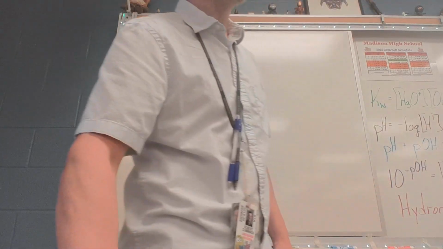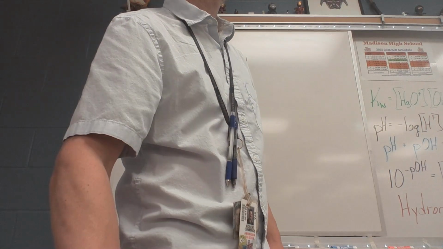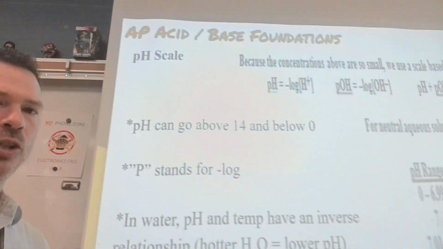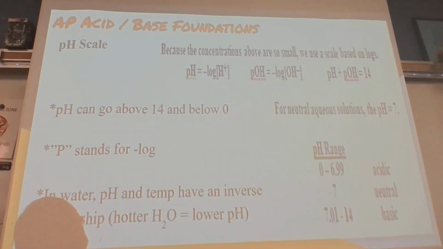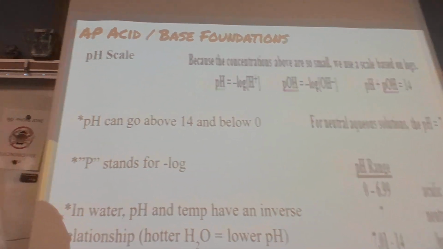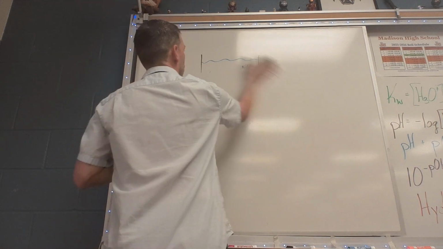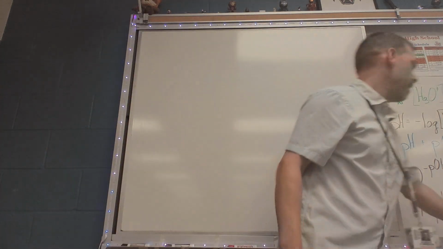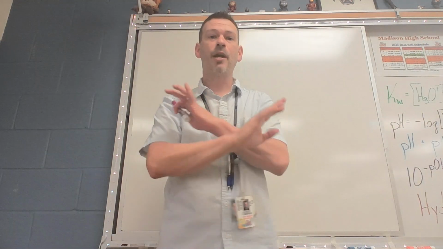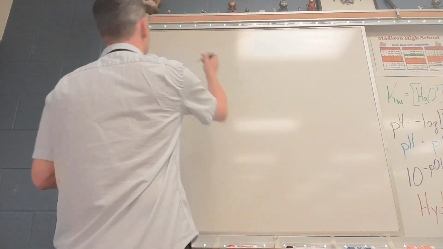Okay, let's go more classical. This was half of your acid base unit last year, was the information on this screen. So let's remember a few super foundational things about studying acids and bases. First off, we want to remember that there are two scales that are operating at the exact same time. All right?